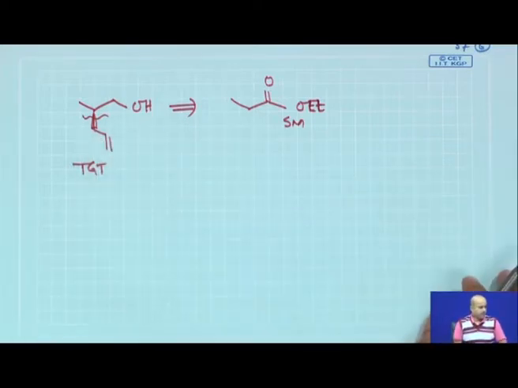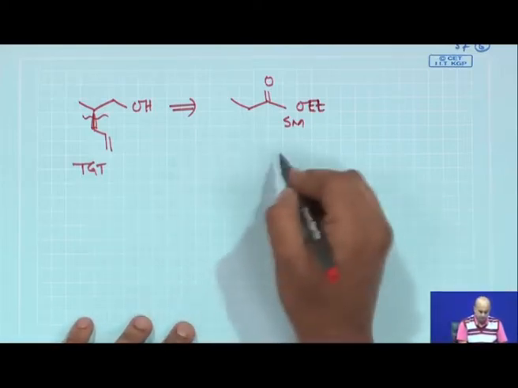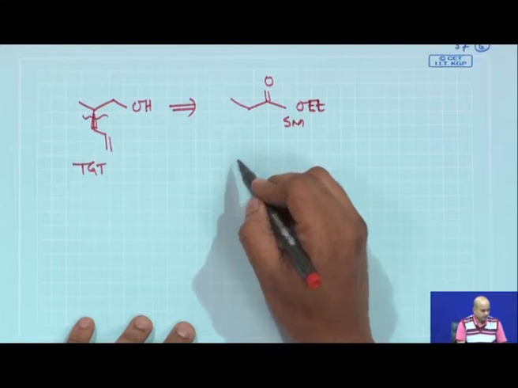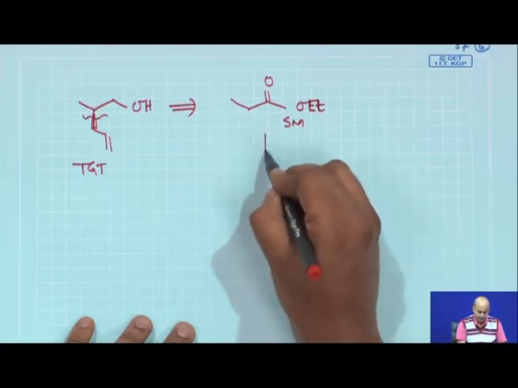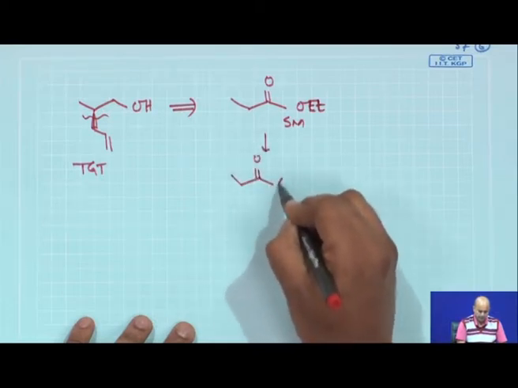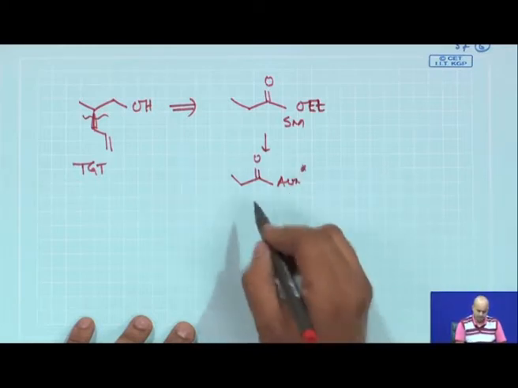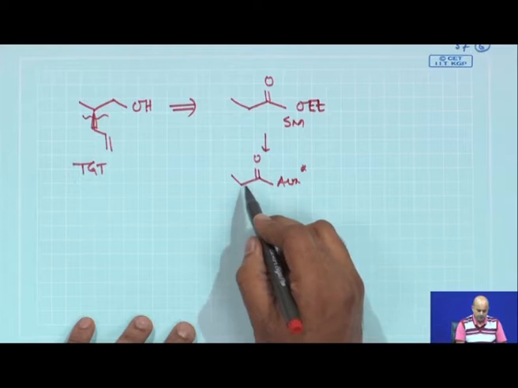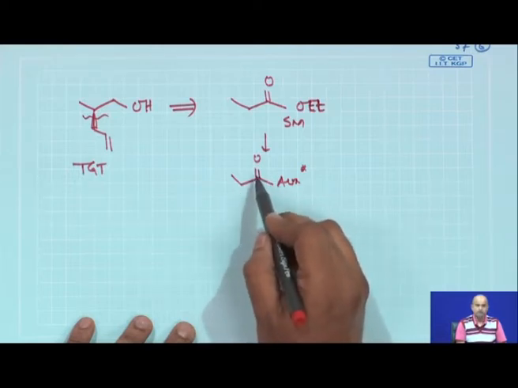Now I am doing the retro. I am saying that if you take the starting material and fuse it with a chiral auxiliary, this auxiliary is there, but the initial starting material has a carbonyl functionality.